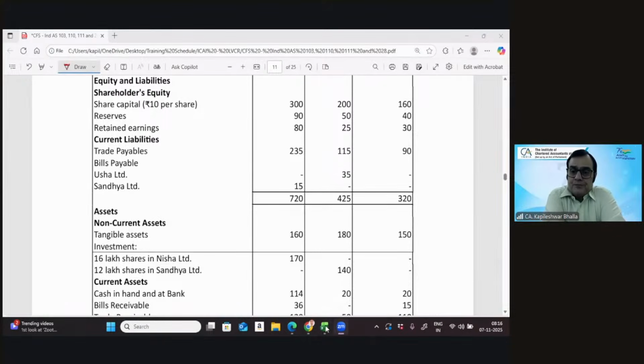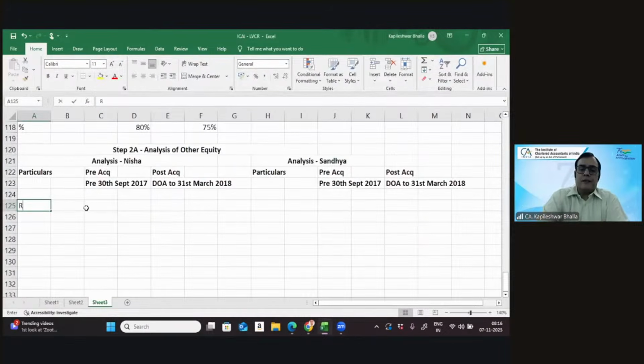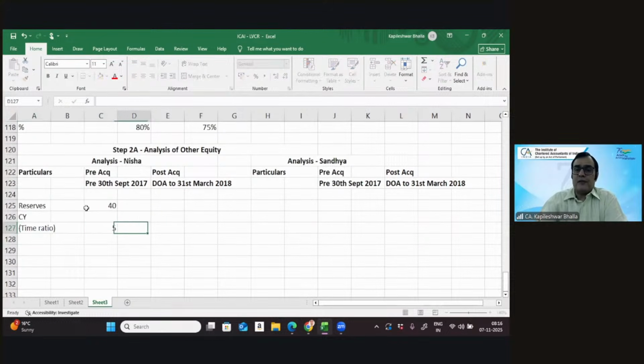Very good. So we can consider the reserves. This is going to be 40, and I'll divide the current year in the time ratio. So this is going to be 5.